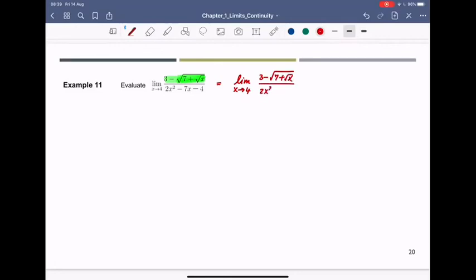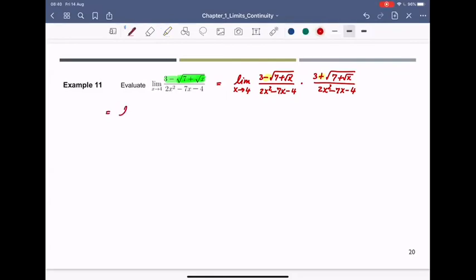I just copy the question first, and then I multiply the conjugate here. Oops, it must be 3 plus square root of 7 plus square root of x, over 2x squared minus 7x minus 4. You can see that I switched the sign from negative to plus when I do the conjugate. And then after that, you simplify it.